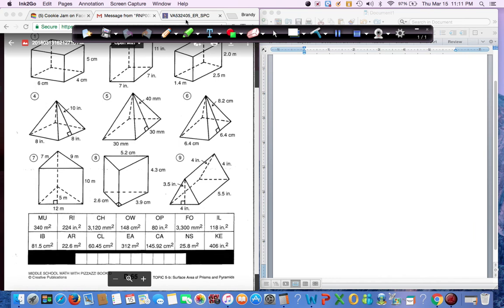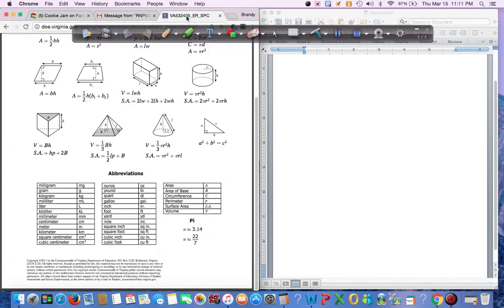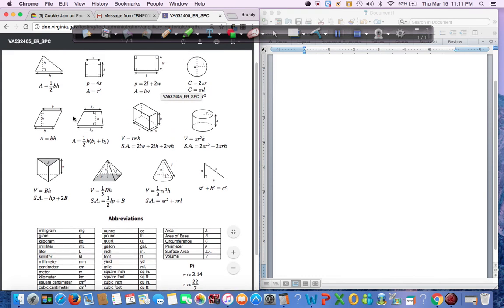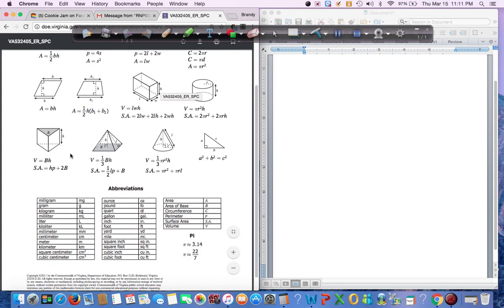Alright, I'm going to go to our formula sheet again. Here, we have 3 rows, and the very first one is our triangular prism. It looks a lot like the pictures we're dealing with.